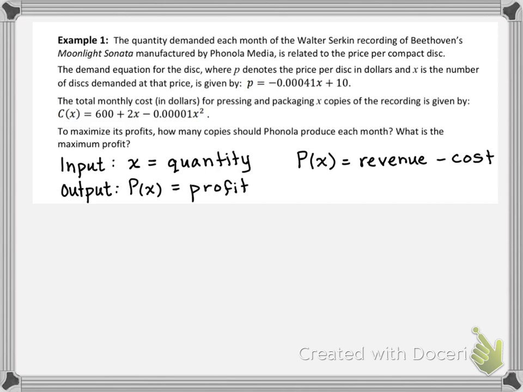Then I ask myself, do I have a formula for revenue? Do I have a formula for cost? Cost we have taken care of, because we have a cost function right here, but we don't have a revenue function. How do I get a revenue function? Price times quantity. Yep, price times quantity, good.